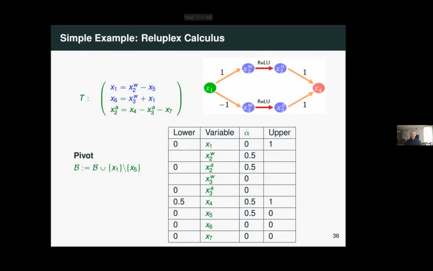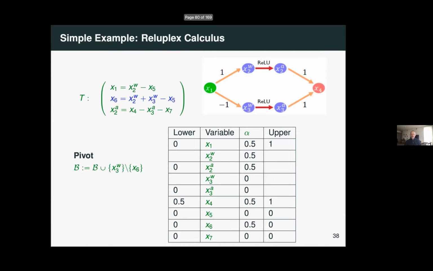We pivot it with x5, and now we pivot with x6, and so now we can update x5, so it's 0, which implies changes for x1 and x6.